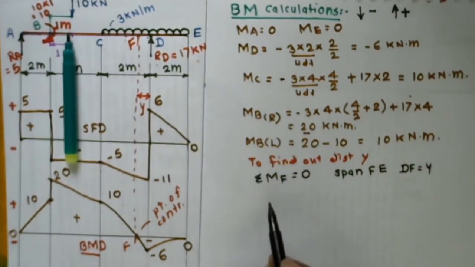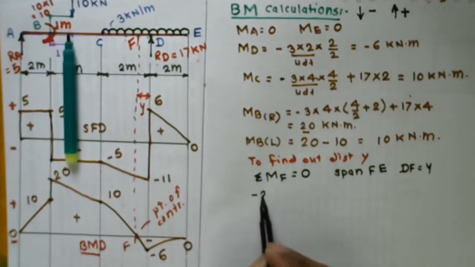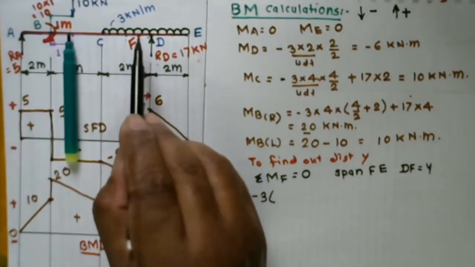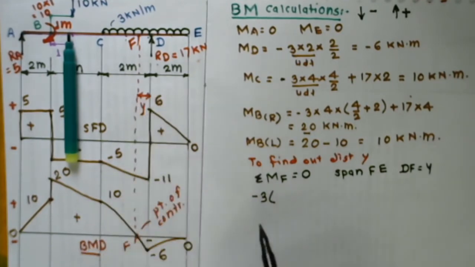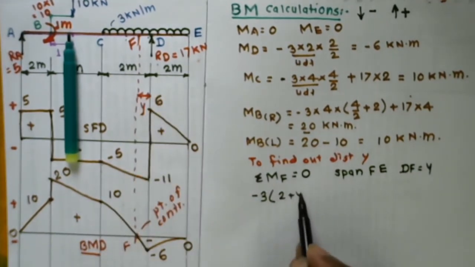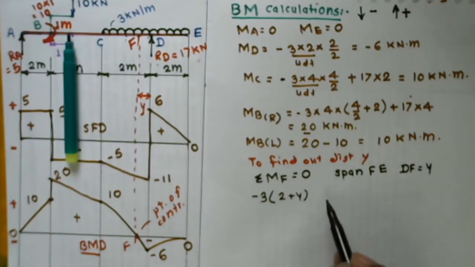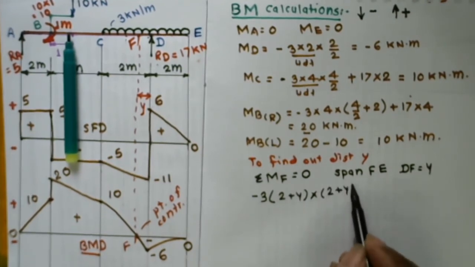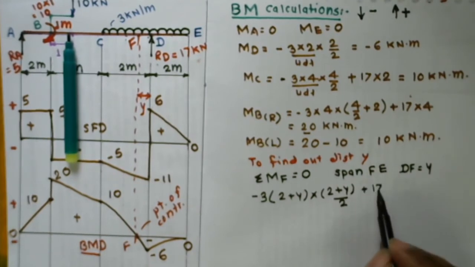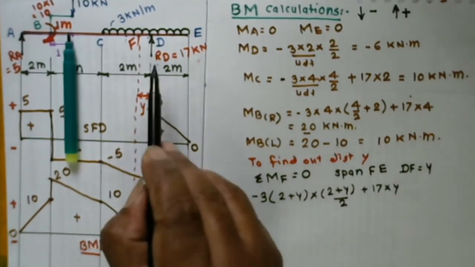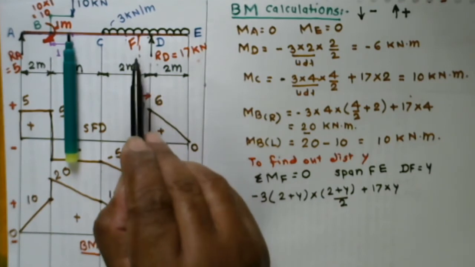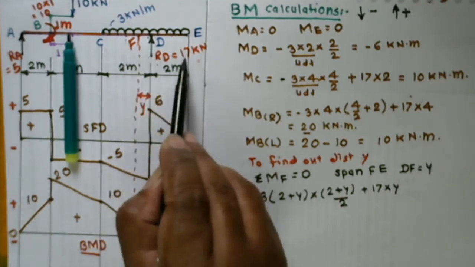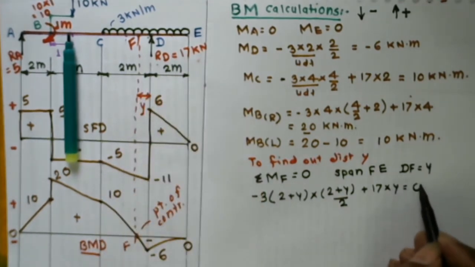So first, for the UDL, minus 3 into its distance up to the point F, 2 plus this y, and it is acting at its center, so (2 plus y) by 2, plus 17 into y. 17 means RD, into y, RD having the value 17, is equal to 0.